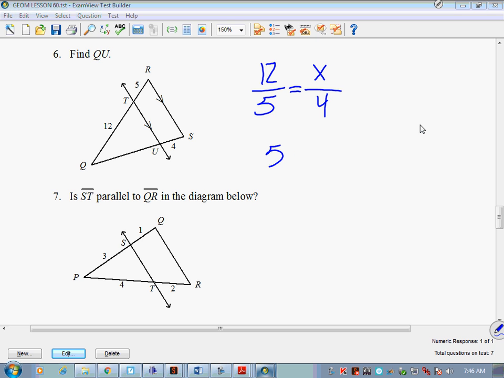Okay, so we've got 5x equals 48. Divide that out. And you plug that in your calculator because we know it's not going to go in evenly. We could get 9 3/5 or 9.6. Either one of those answers will work for number 6.